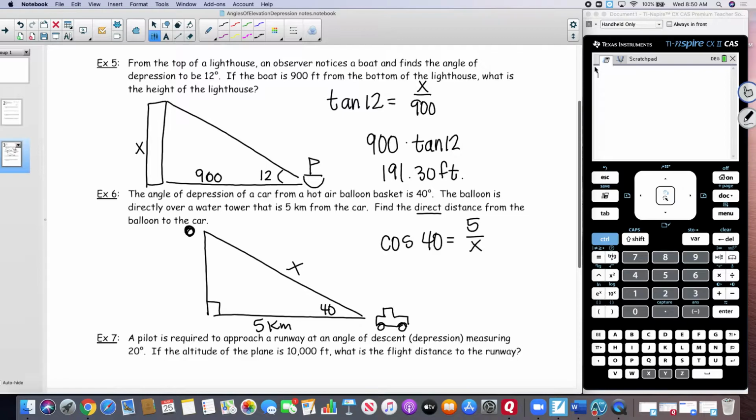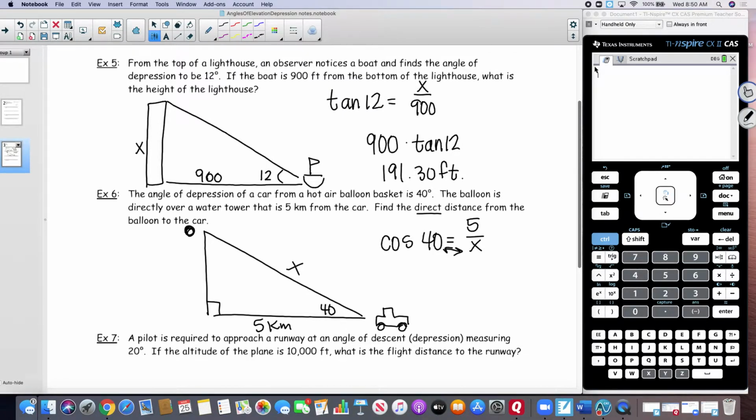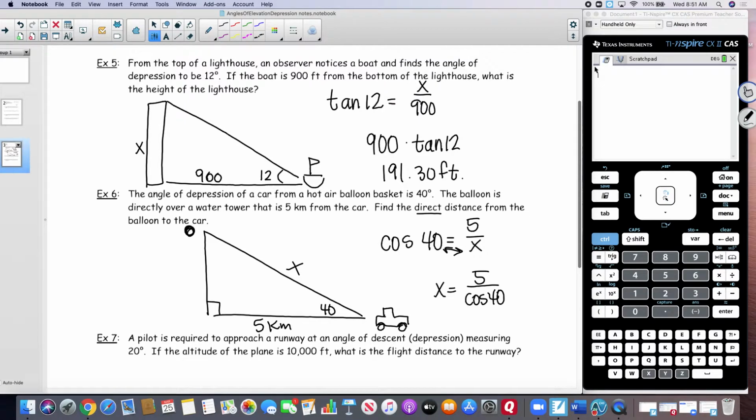When your variable is in the denominator, you're going to say x equals 5 over cosine 40. And you should get 6.52 kilometers as your direct distance.